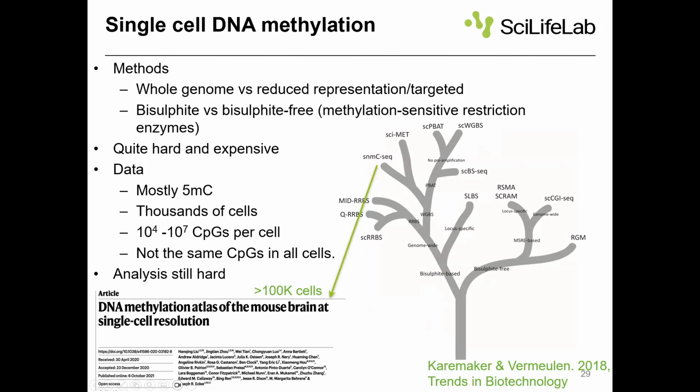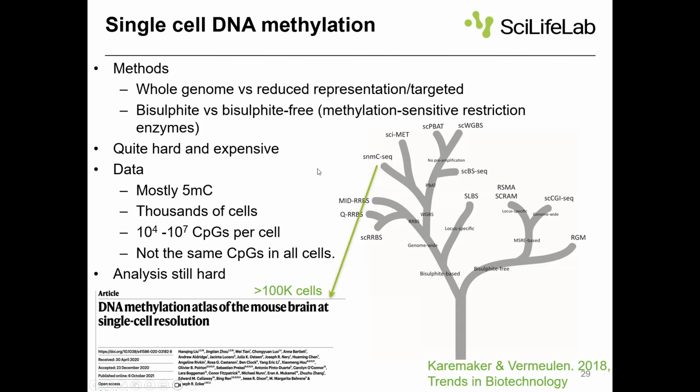People have tried a lot of things. Nothing has really stuck. Nothing has really become super popular because this is still very difficult to do. It's difficult to analyze. It's a bit shaky. People have been doing this, but it's not as popular as ATAC-seq, for example.